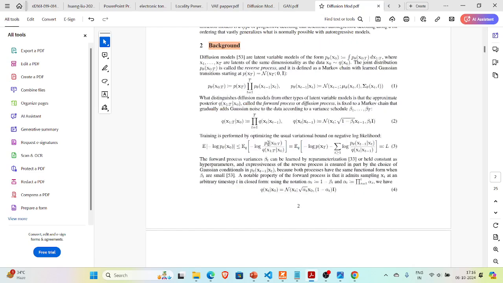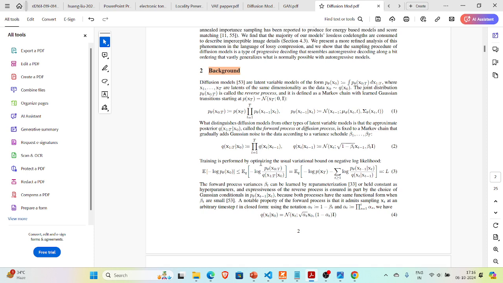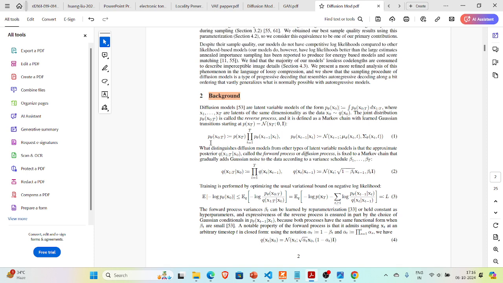In the reverse process we are removing the noise. It is defined as a normal distribution with variable xt, and mean 0 and covariance I.